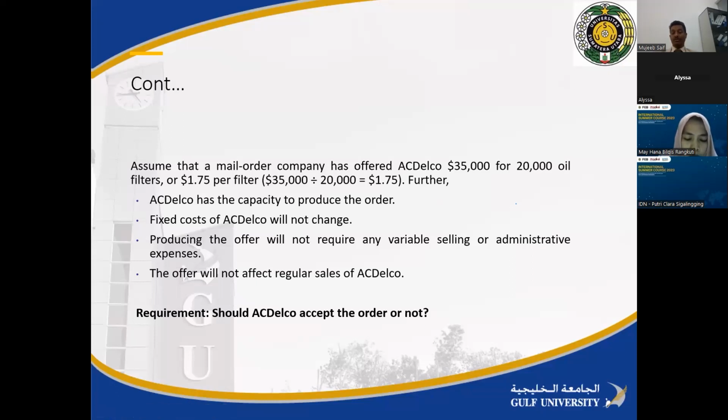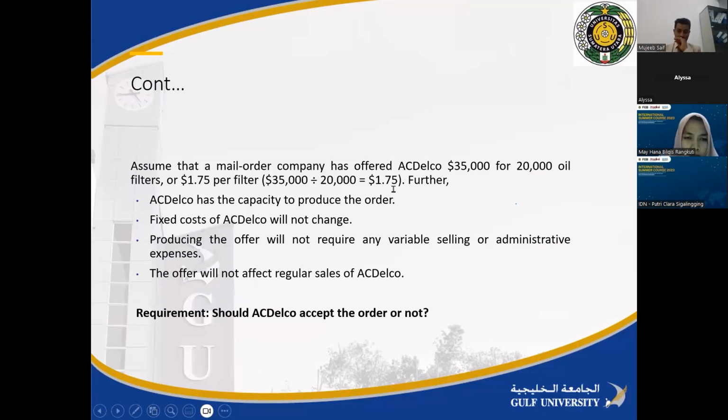That means total revenue will be 35,000, right? So we will have additional revenue of 35,000. This is the benefit that we will receive from this order if we accept.